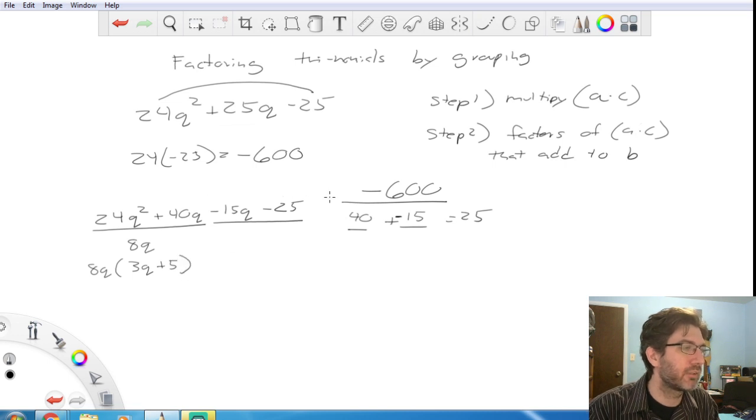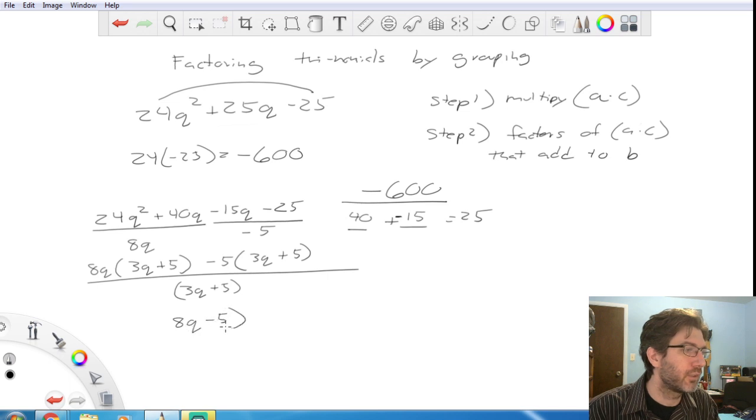Over here I can factor out a negative 5. That leaves me with 3q plus 5 as well. And then you'll note that I can factor out the 3q plus 5. And that's going to leave me with 8q minus 5 and 3q plus 5.